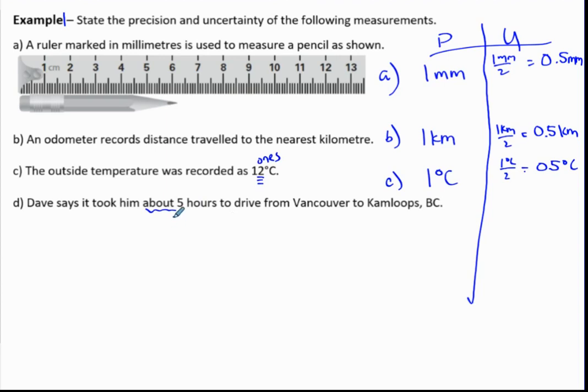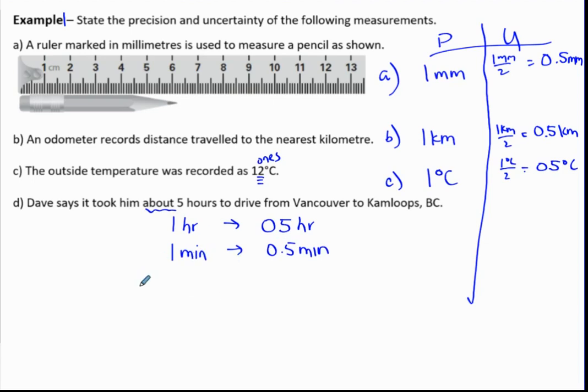So maybe his precision is 1 hour, in which case his uncertainty would be half an hour. Or maybe it was to the nearest minute. I don't know anybody who would say that and have a precision of 1 minute, but if Dave did, his uncertainty would be half of a minute.